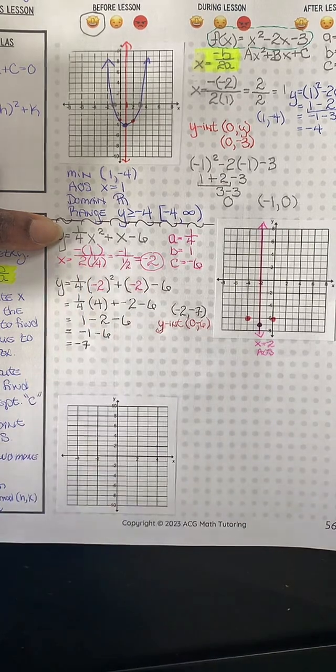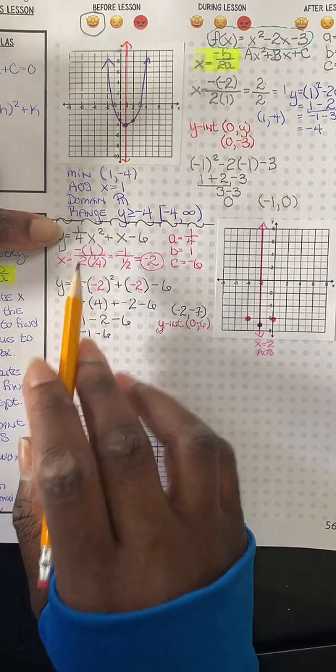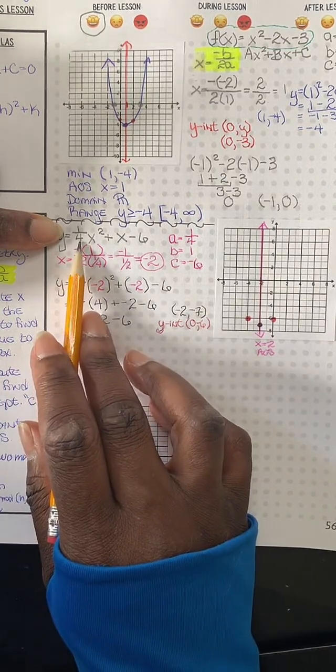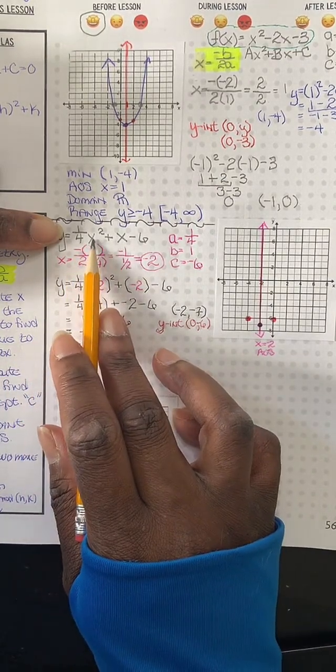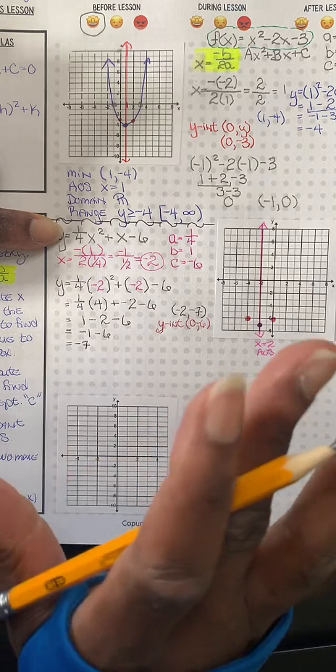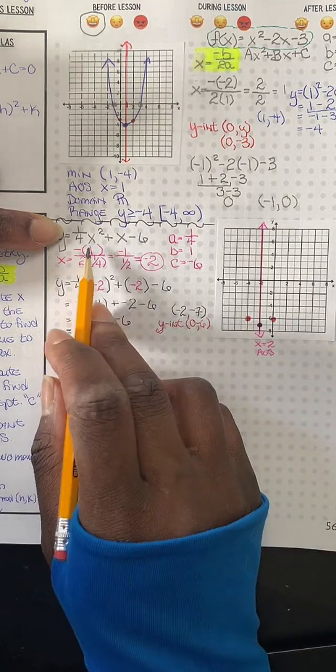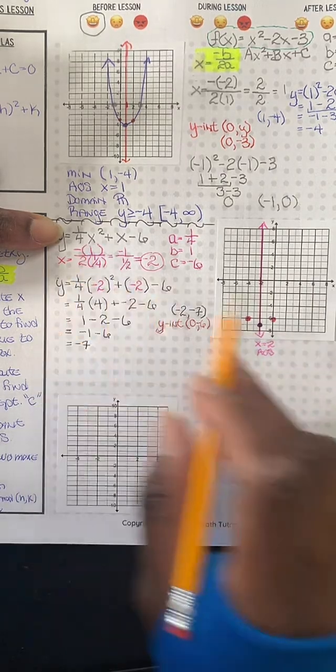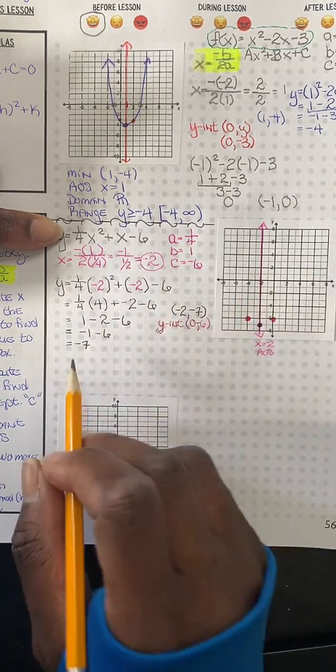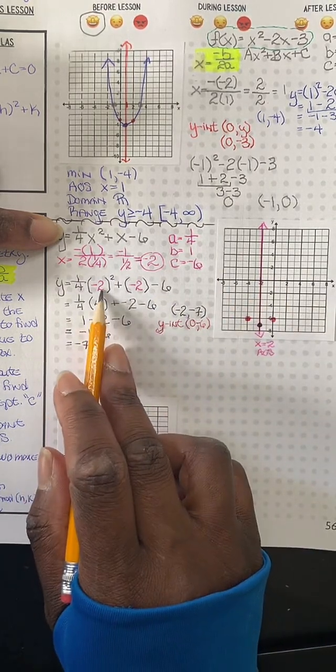That's going to give you either a fraction or a decimal. Make it easy for yourself. If you notice that this is an even number, you want to plug in an even number. Trust me. So let's plug in a +2, because we did the -2.